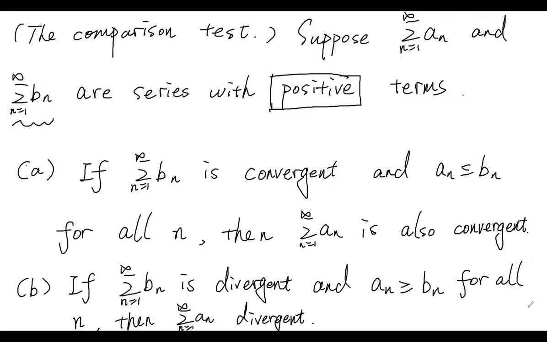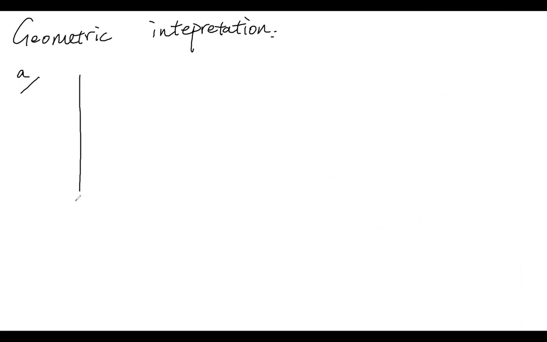For the comparison test, let me give you a geometric interpretation. Let's just do case A. Suppose we have a bunch of points which represent the terms in the series Bn: B1, B2, B3, and so on.